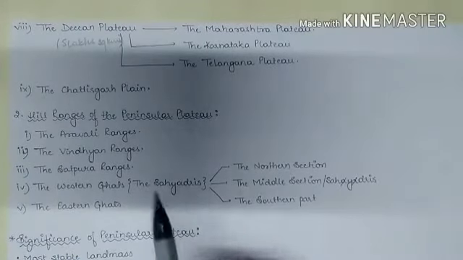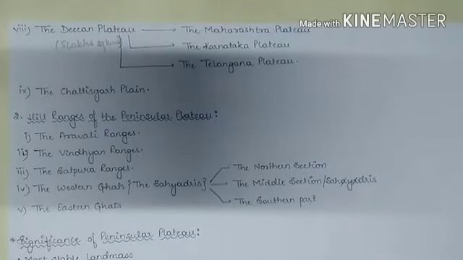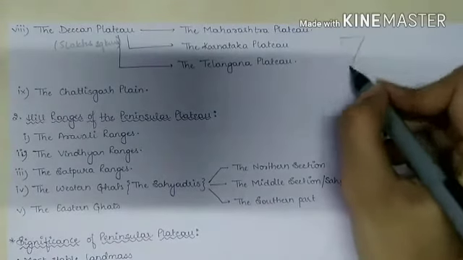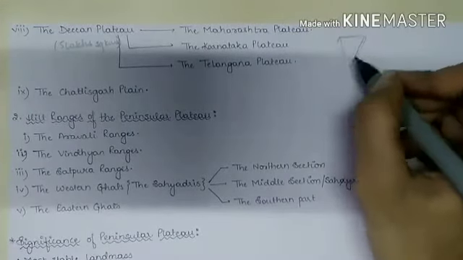It is also a triangular shaped plateau which is bounded by the Satpura and Vindhyan ranges in the northwest. Then we have the Mahadev and Maikal hills in the north, and then the Western Ghats in the west and Eastern Ghats in the east. So it is forming a triangular shape.